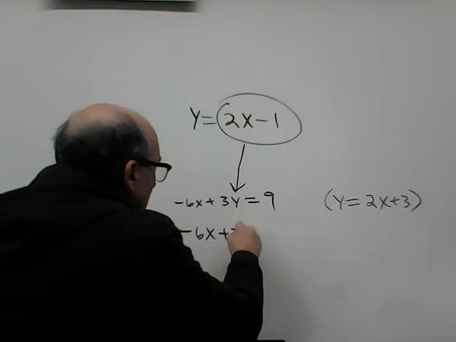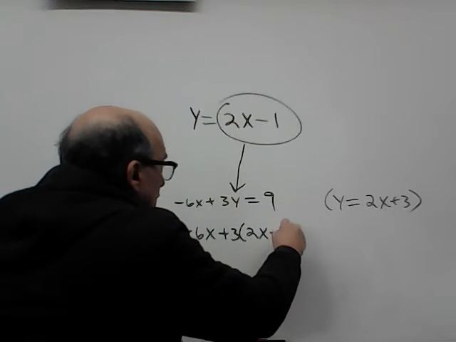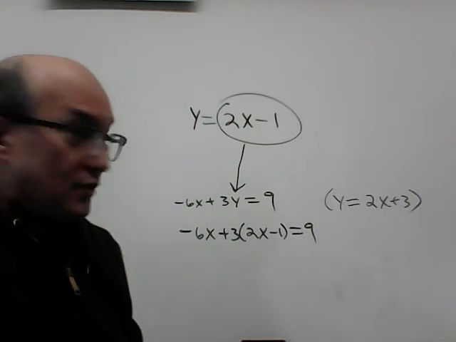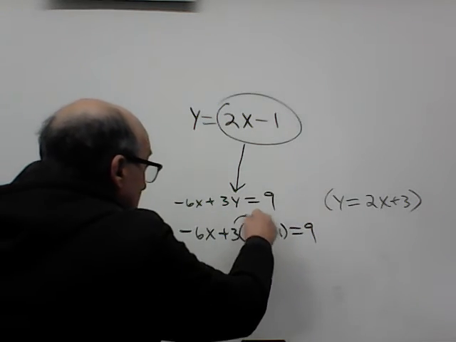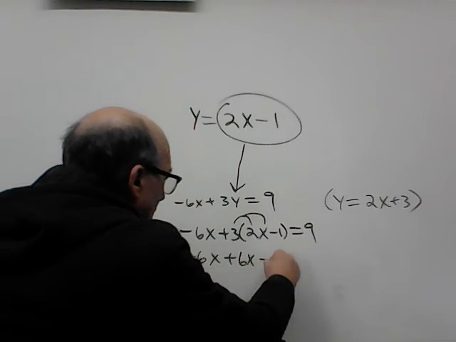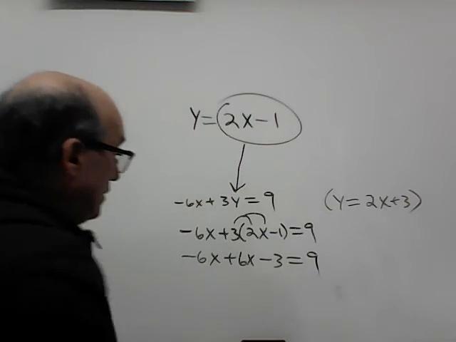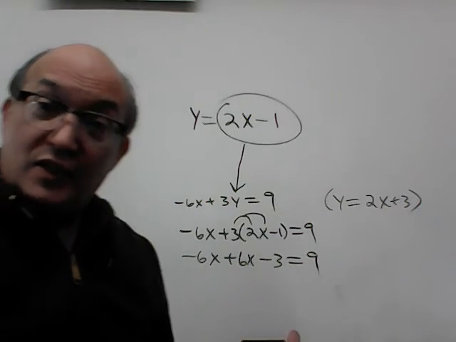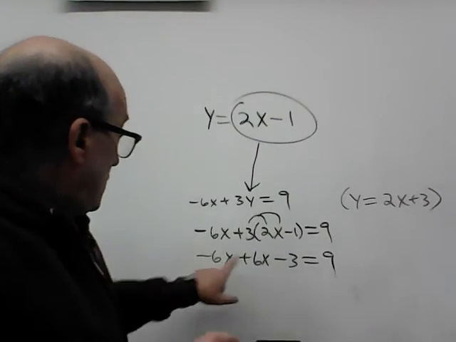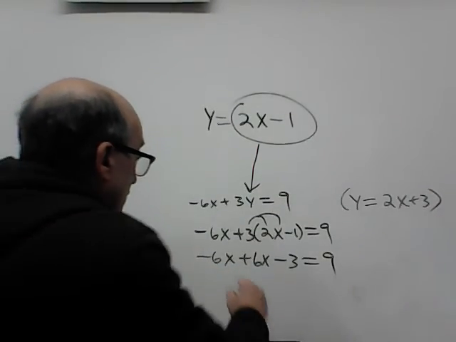We're given this and this, and we're asked to solve, so we'll go ahead with substitution, and we'll get negative 6x plus 3 times 2x minus 1 equals 9. Applying the distributive property, we get negative 6x plus 6x minus 3 equals 9. On the left side, negative 6x plus 6x is 0.